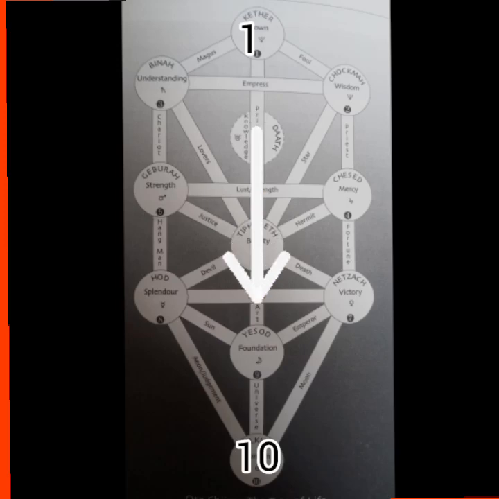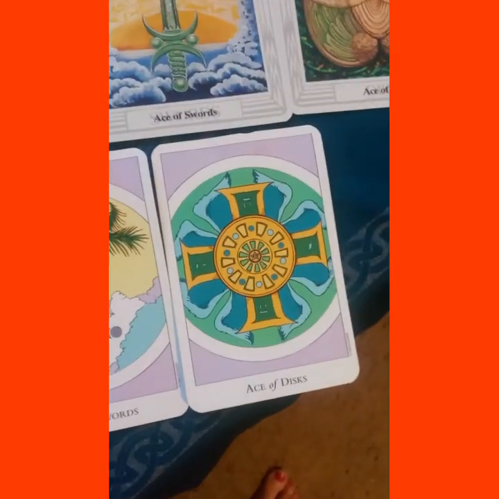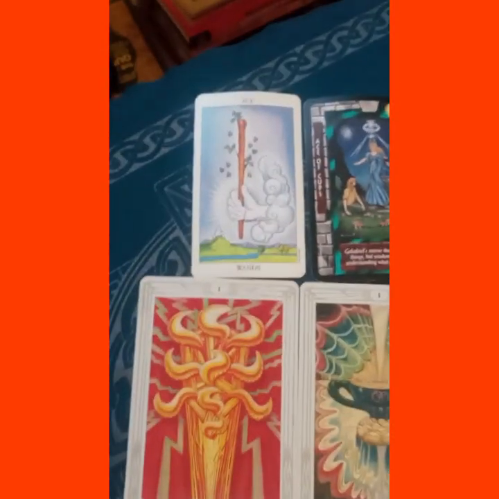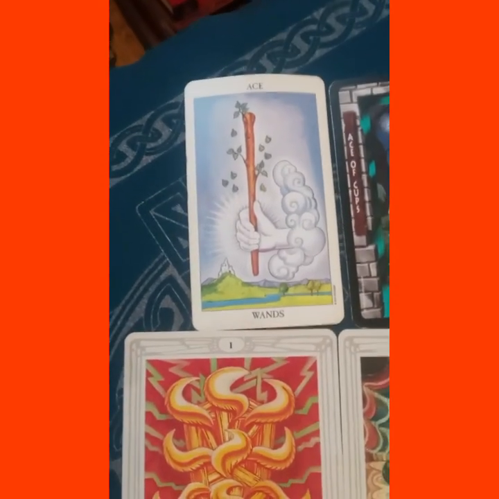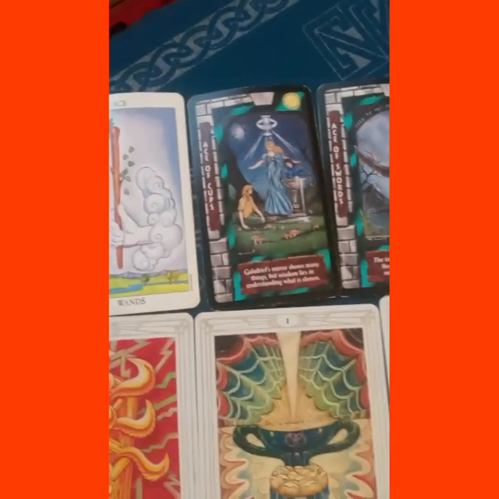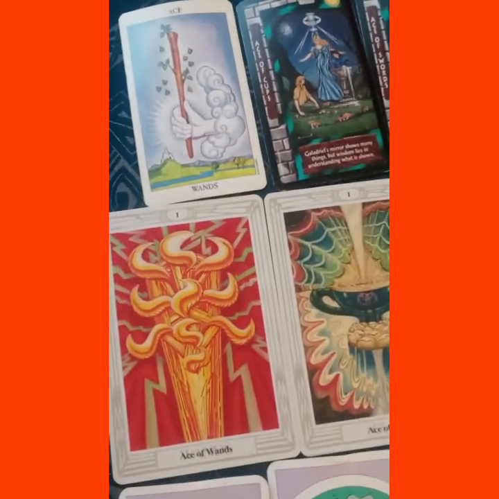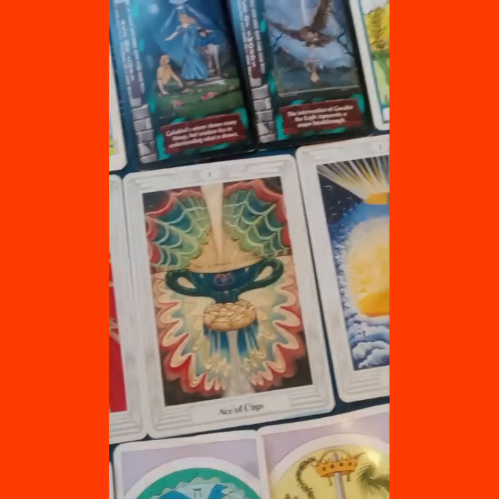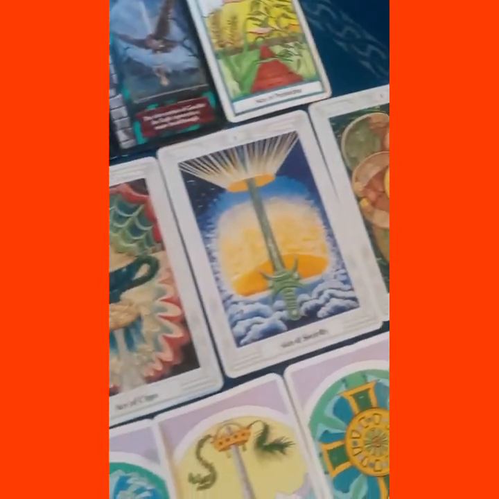Going from number 1 to number 10 is going from the idea all the way through the steps of creation until something's manifest. So number 1 is the very beginning. All of these cards are about the beginning. It's the seed. Aces are also called the roots of the powers of the elementals. Each is charged with the potency of its element.